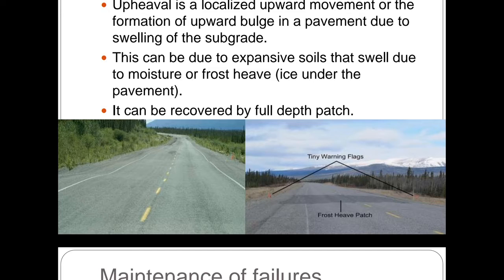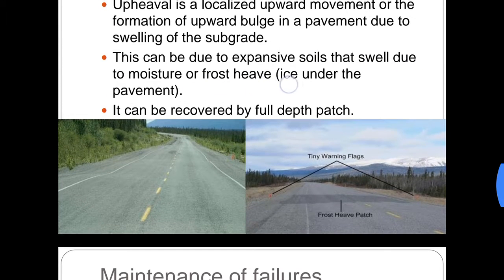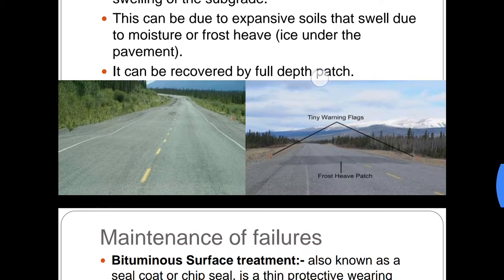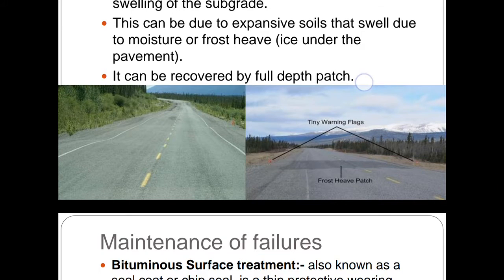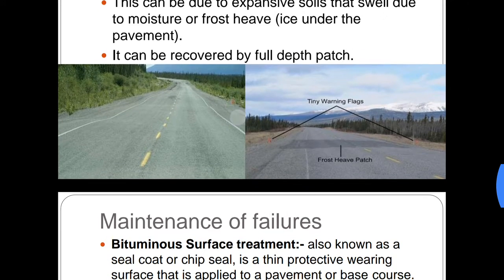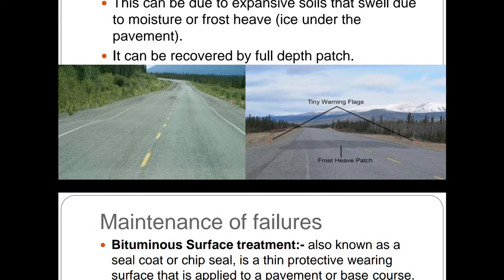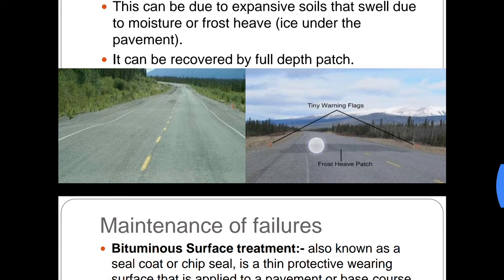This can be due to expansive soils that swell due to moisture, or frost heave, ice under the pavement. It can be recovered by a full depth patch. In this case you'll have to take out all the material up to the full depth and then fill it again and compact it, forming a patch. So here you can see a frost heave patch.